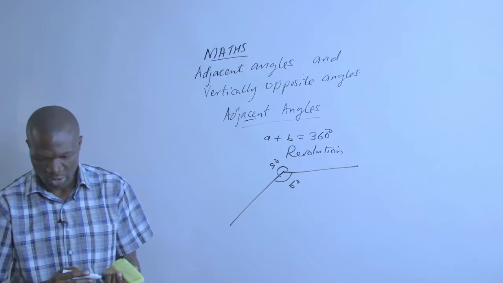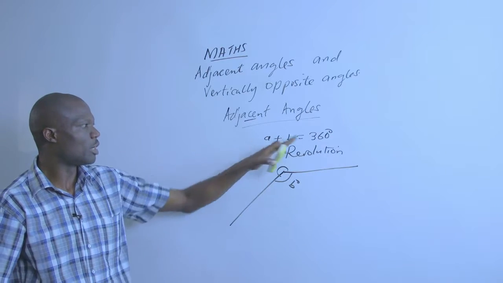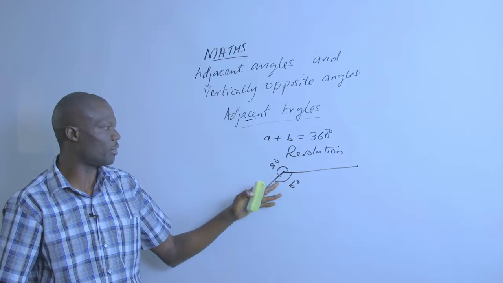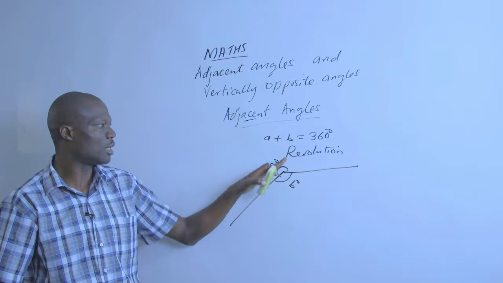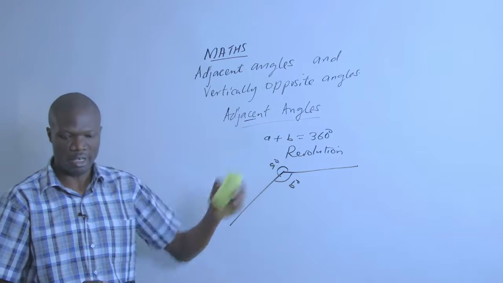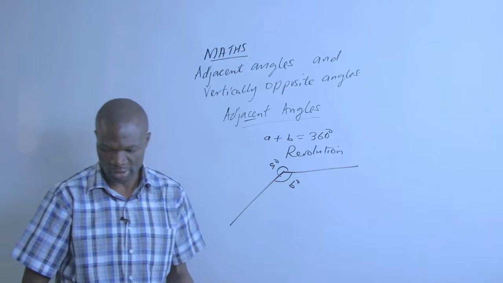So angles in a revolution form 360 degrees. So what we have here, these are two angles that are in a revolution, which implies that A and B must give us 360 degrees.